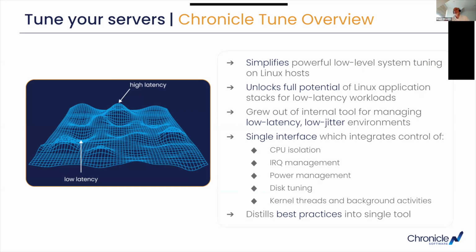There's no single tool that does everything you want, and even using the tools that are standard in the Linux space has certain drawbacks in some cases. So that was the motivator internally for putting together something which really was a one-stop shop for machine tuning. So it allowed us to cover all of the ground we needed in a single package.